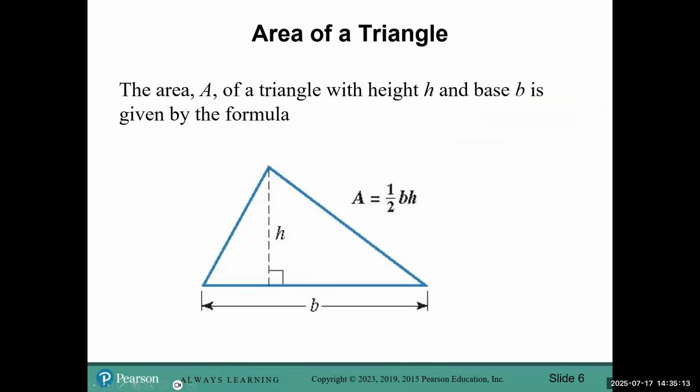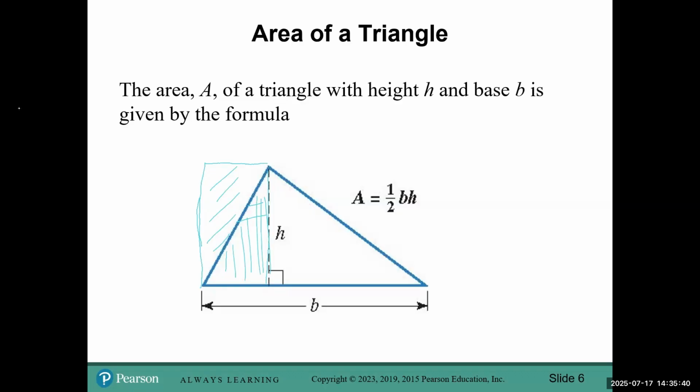And that brings us to a triangle. So for a triangle, I could imagine taking this little triangle here and reproducing it exactly right here. So this side is equal to this side.